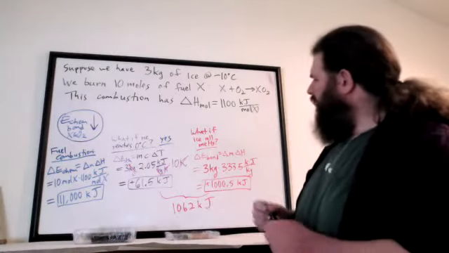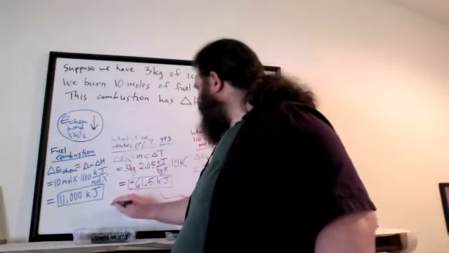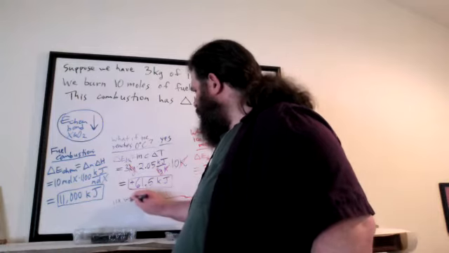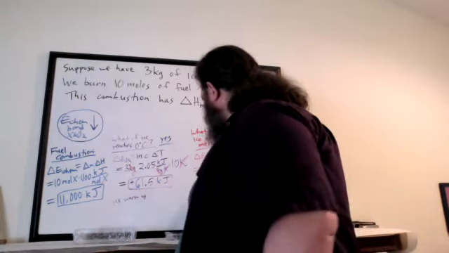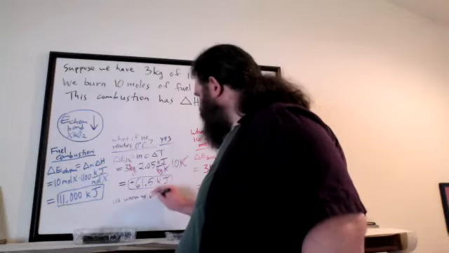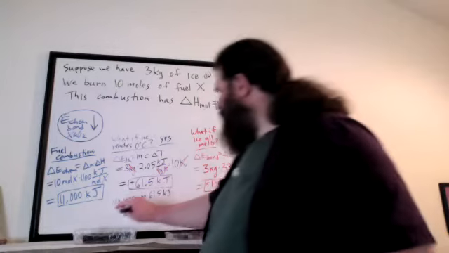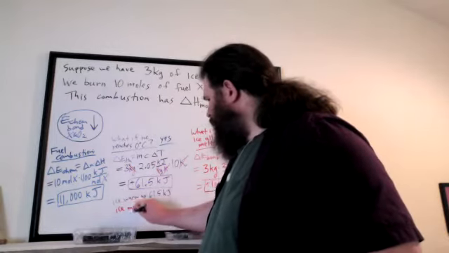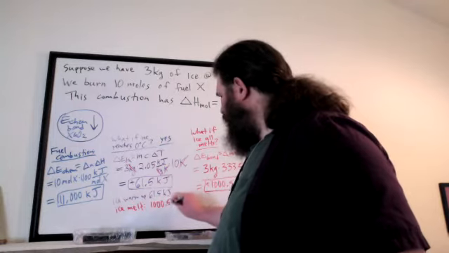I'm running out of room here, so I'm just going to make a couple of notes. So ice warming up requires 61.5 kilojoules. And ice melting costs 1,000.5 kilojoules.